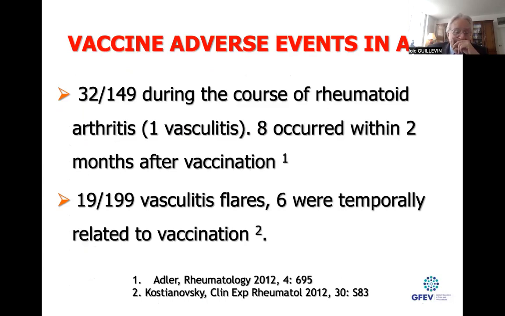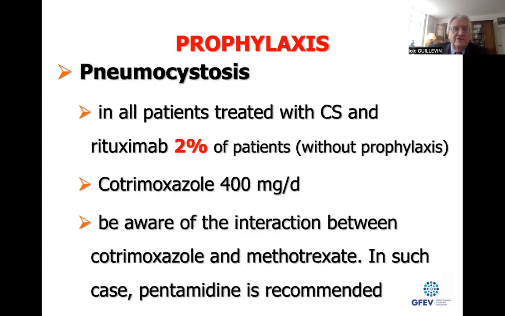It has been done by our group in a study, and also by the group of Peter Villiger in Switzerland in rheumatoid arthritis. And we observed that most patients have very well tolerated vaccination. It was again H1N1 at that time, but there were some vasculitis flares which were temporally related to vaccination.